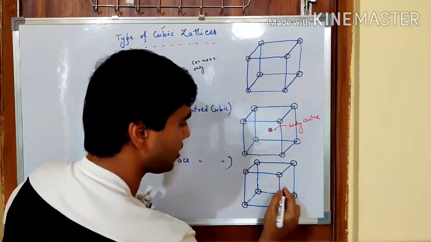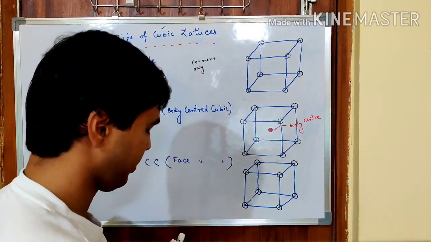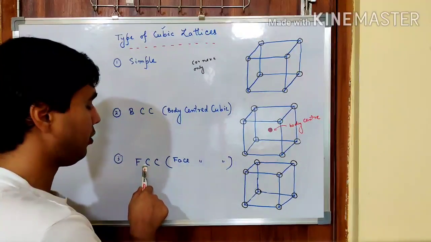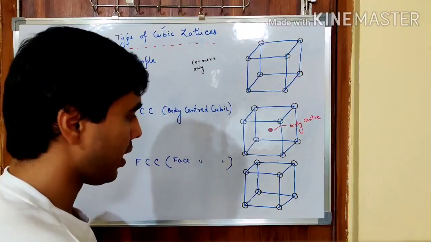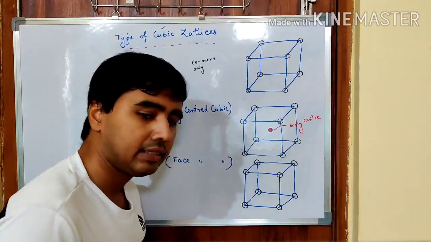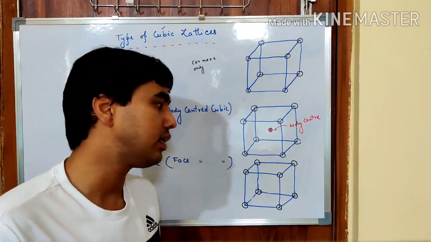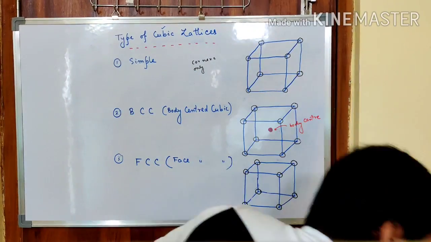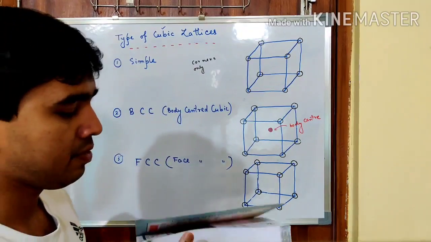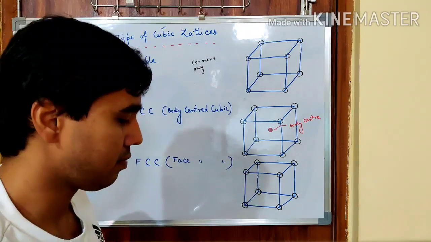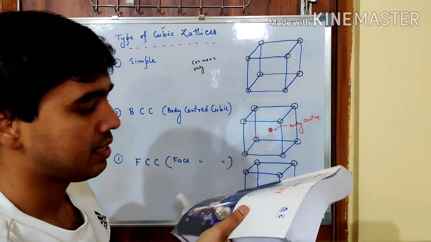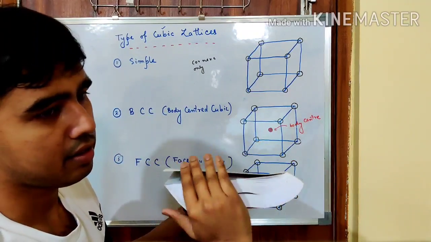Since it is not body centered, here there will be no atom. At the center of each face, there will be one new atom. So let us see how many faces are there. See, to understand how many faces are there, let us take this book. Check here. In this book, it is similar. This is one face. This one. This is another. This face.